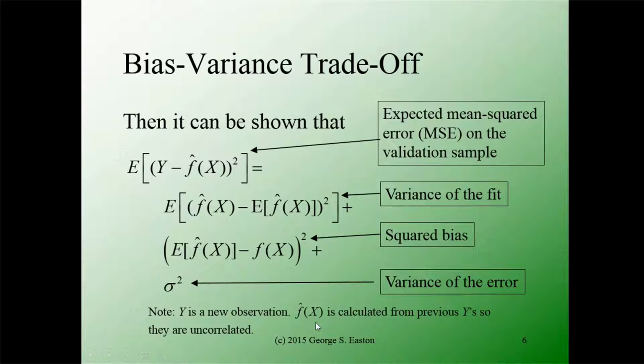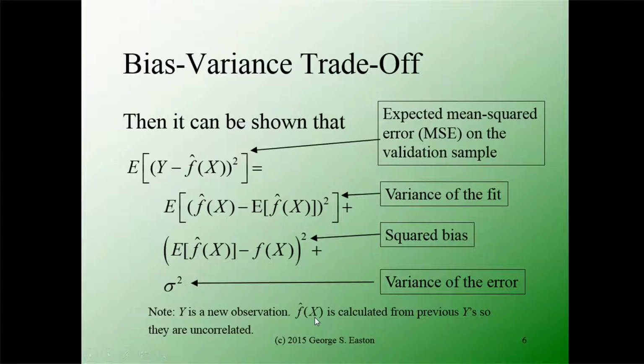Since the coefficients that define f hat are calculated from the previous y's that were a part of the training sample, the new observation y and the f hat of x are going to be uncorrelated. The x here used in f hat of x is the new x corresponding to this new y observation, but our analysis is conditional on this x, so it's considered a constant.